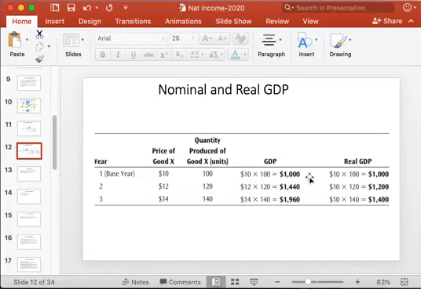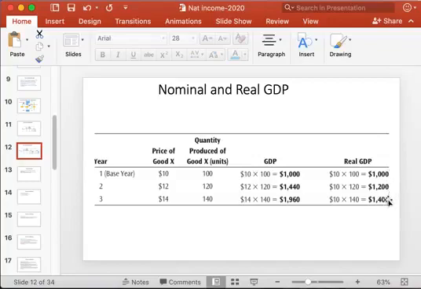So you can see the real GDP here calculated for year 1, year 2 and year 3. And year 2 is calculated based on the base year's price of good, which is 10 here, and year 3 also is calculated based on the base year's price of $10. So you can see the change in the GDP here is because of the change in the quantity produced, which is 100, 120 and 140.